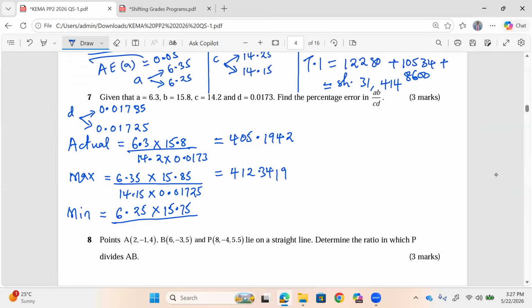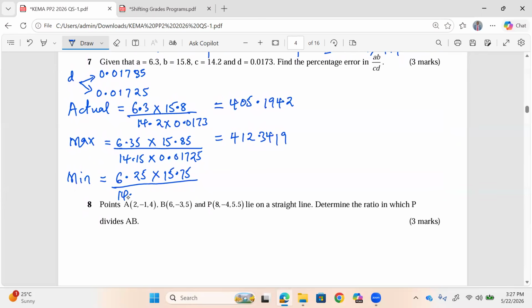C maximum is 14.25 and D maximum is 0.01735. Let's check that well. 6.25 multiplied by 15.75 divided by 14.25 times 0.01735.